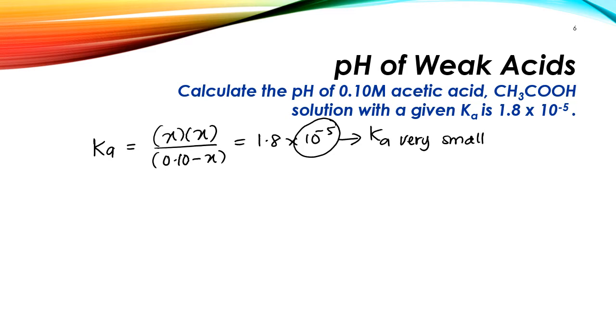Since Ka is very small, or the dissociation is very small, we can use the assumption method, or the approximation method.